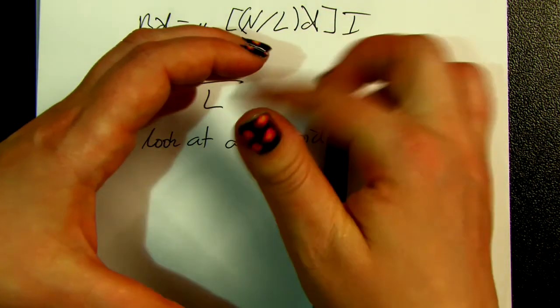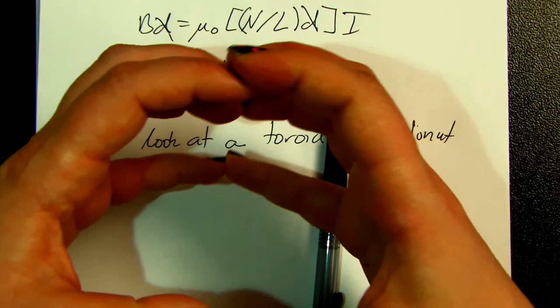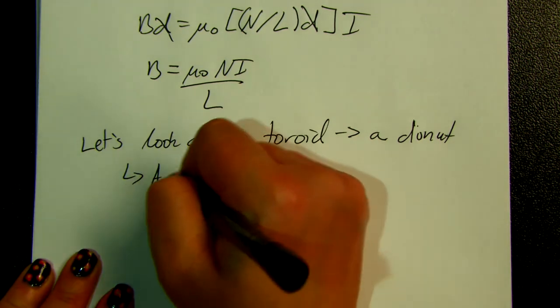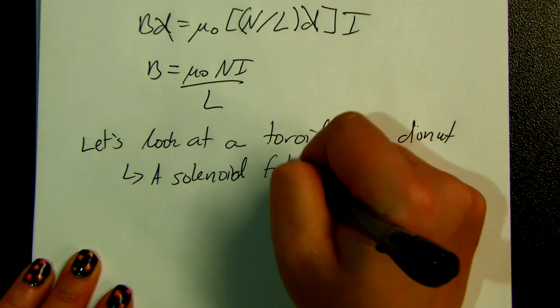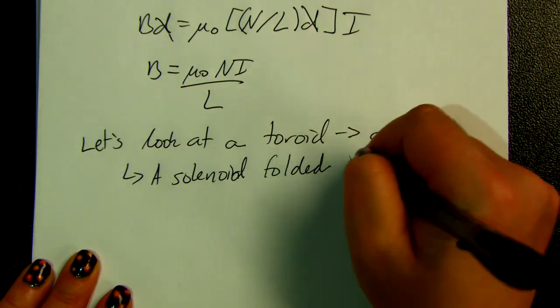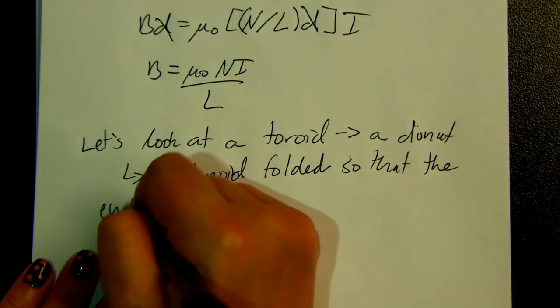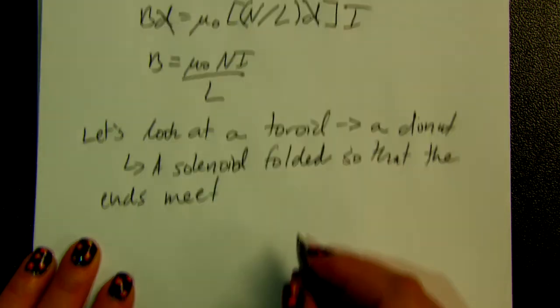So you'll have all of these loops of wire going around, and then you get a donut. So a solenoid folded so that the ends meet, and you get a torus.